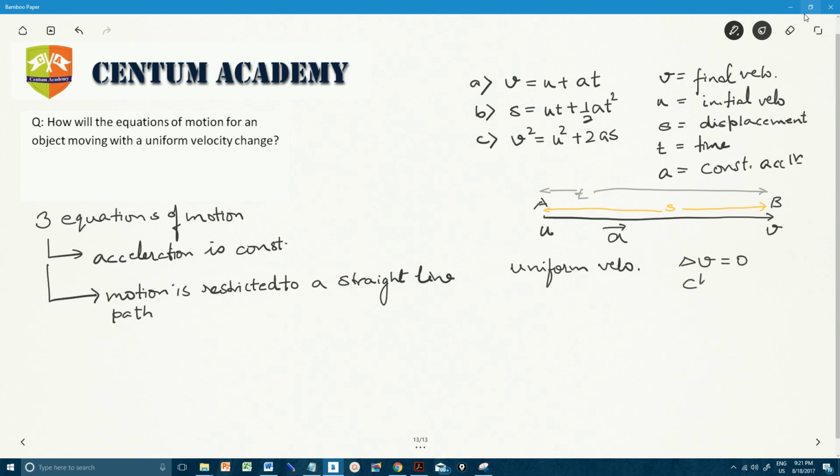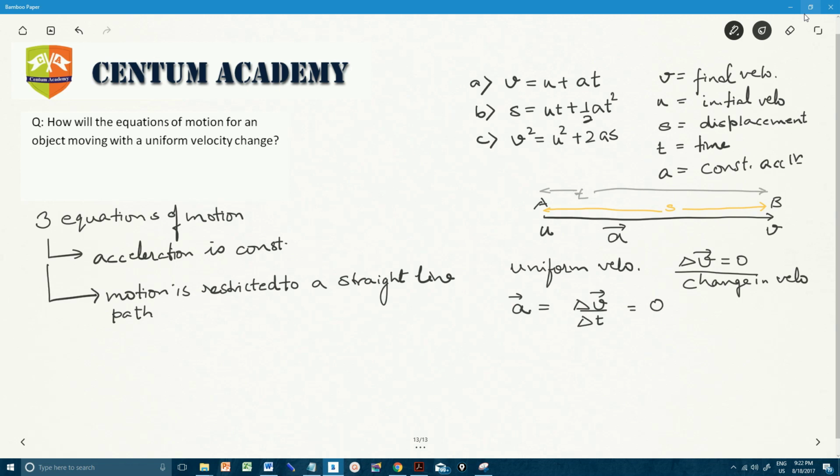Delta v means change in velocity, right? So change in velocity is 0. Now we define acceleration as delta v upon delta t. These are vector quantities, so delta v by delta t is acceleration. Since delta v is equal to 0, we get acceleration as 0.